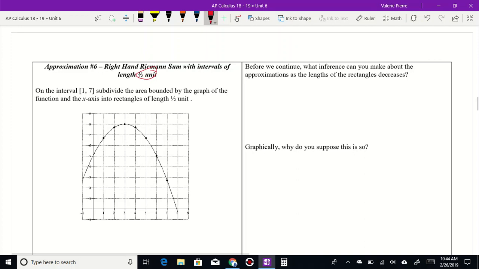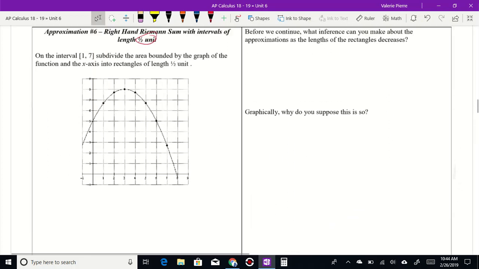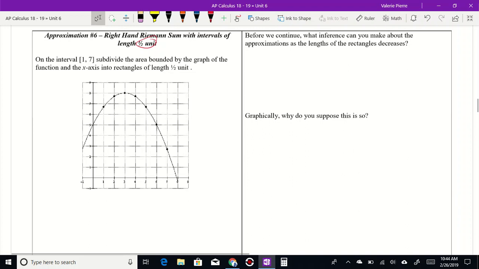This question on page 182, these two questions, we're actually going to continue in class tomorrow with your groups. So don't worry about answering the inference question on this side of approximation 6. We'll work on that tomorrow in your groups.